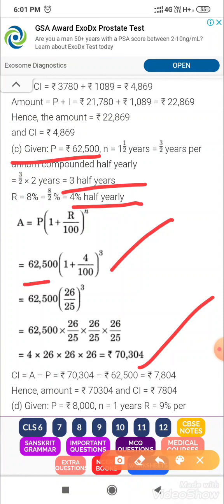It is the amount for this question, and for calculating compound interest, we have to subtract principal from the amount. So after subtracting principal from the amount, we have rupees 7,804. It is the CI. In this way, you can solve the remaining parts of this question.